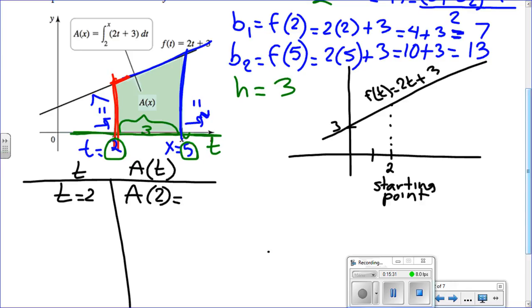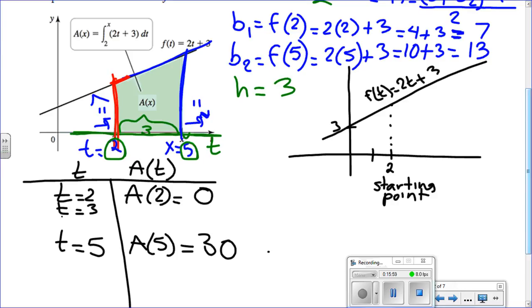And so we found the area at 2 was 0, right? Okay. And then, which other one did we do? Just 5? So at 5, what was it? I forgot. 30? Okay. So let's find out what it will be at 3, and then at 4.